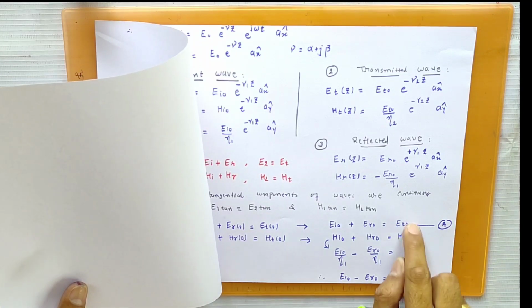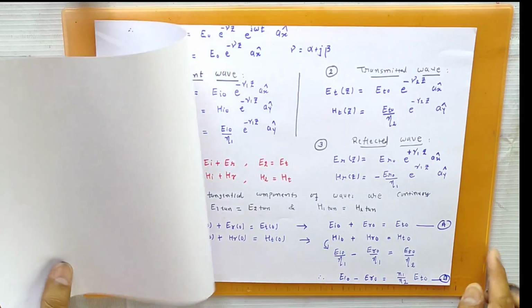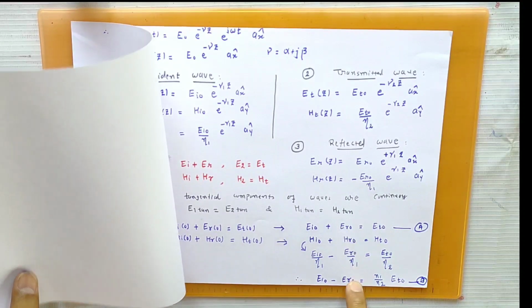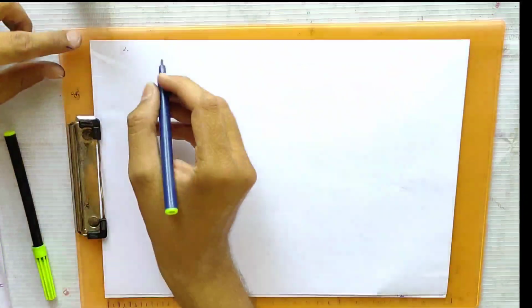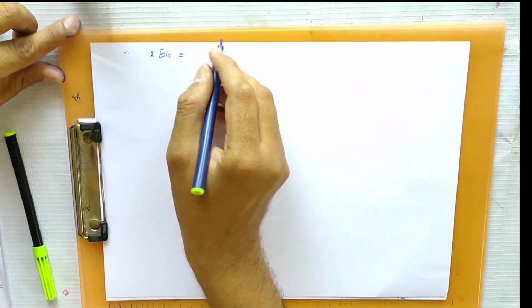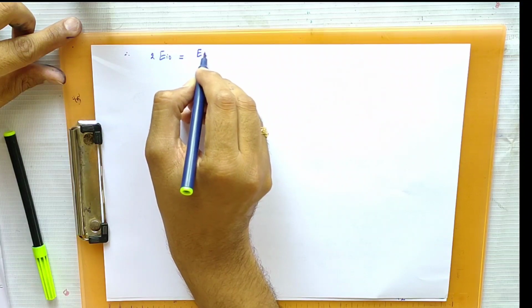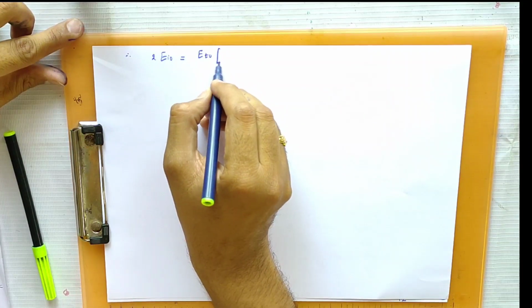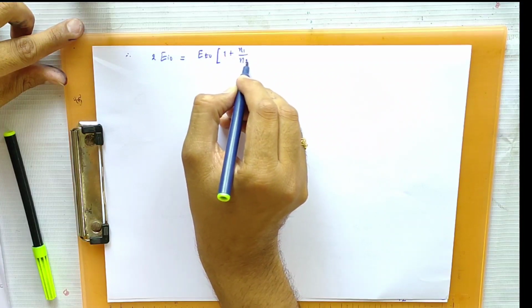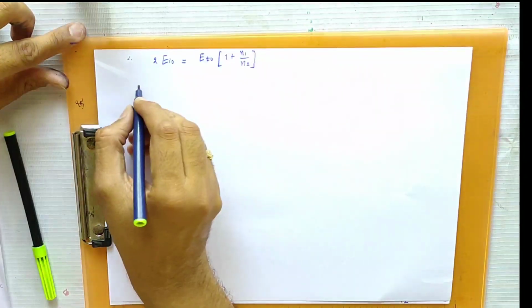Just do the addition of these two equations, equation A and equation B. ERO cancels out. So it is 2EIO is equal to ETO in bracket 1 plus eta 1 by eta 2.